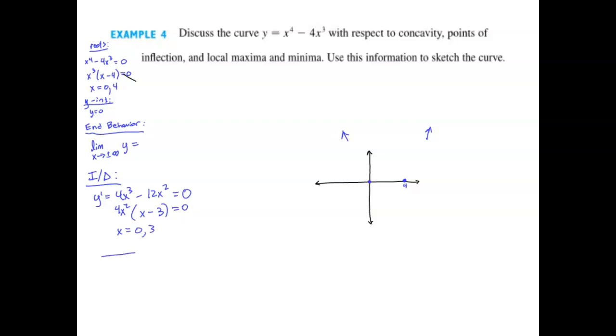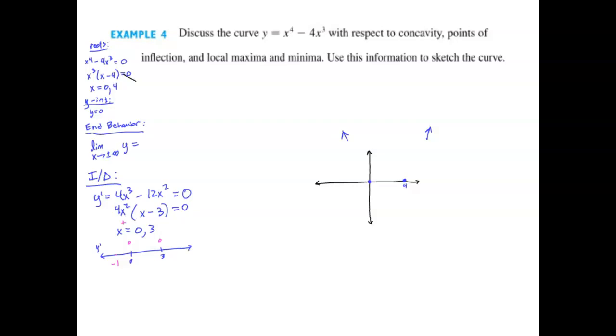Let's place those on the number line. And what we want to look at is y prime in between those values. So I know that y prime is 0 at 0 and 3. In between those values, let's say I choose like -1. Do I get back a positive or a negative? Well, again, it's always probably easiest to look at the factored value. If I plug in -1 to 4x squared, I get positive.